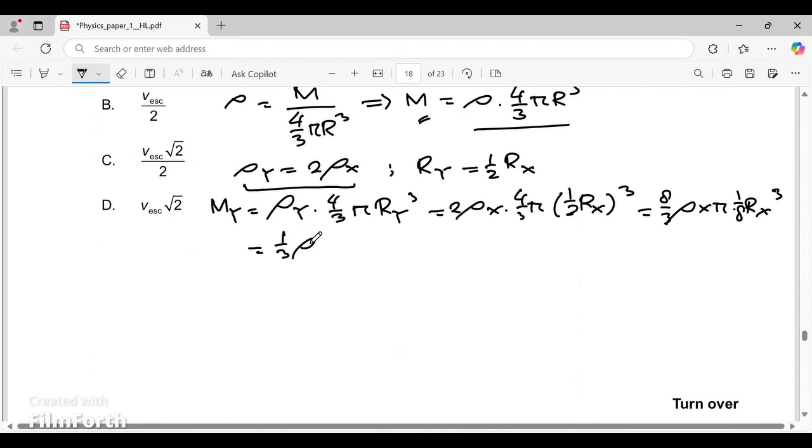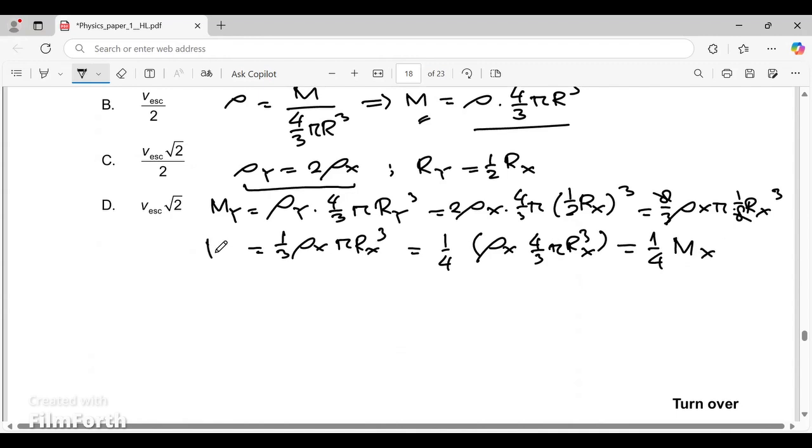It's going to be 1/3 rho X pi r X cubed, and so it becomes 1/4 of rho X times 4/3 pi r X cubed. So it becomes 1/4 M X. So the mass of planet Y equals 1/4 of the mass of planet X.